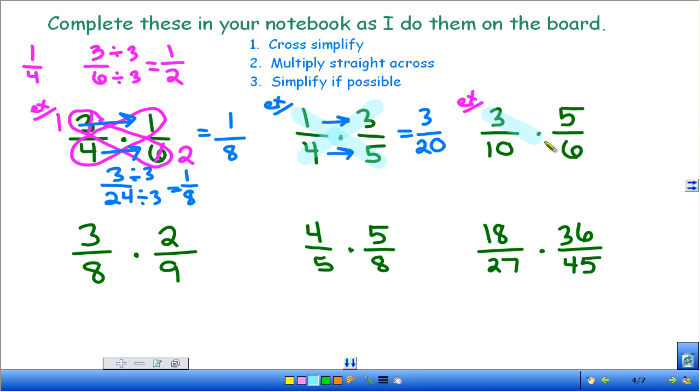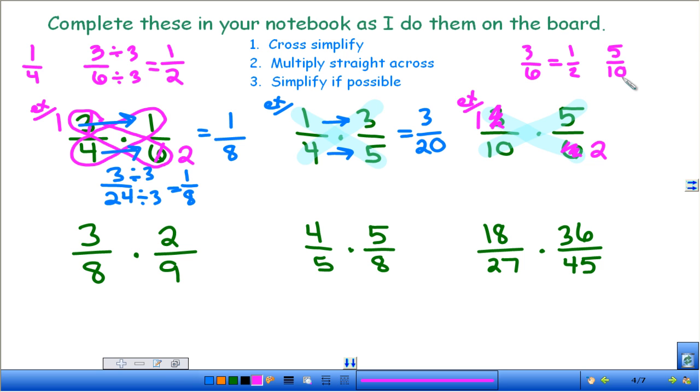So let's start with the 3 and the 6. Could we simplify the fraction 3 over 6? Yeah, it equals 1/2. Okay, 3 goes into 3 once. 3 goes into 6 twice. The next one, 5 and 10, if we had the fraction 5 over 10, same thing.